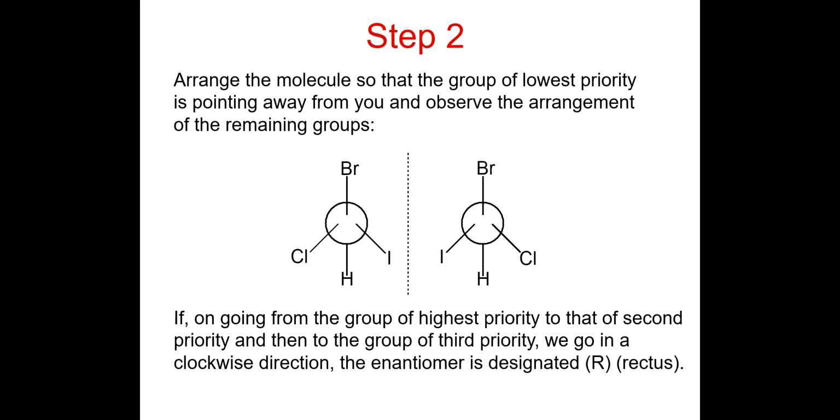And then we place the group or atom with the lowest priority pointing away from you, and observe the arrangement of the three remaining groups. If it's clockwise, then it's R configuration. If it's counterclockwise, it is designated as an S configuration.